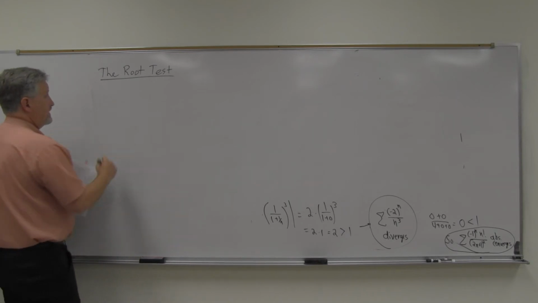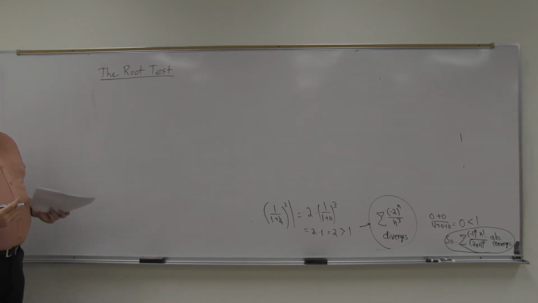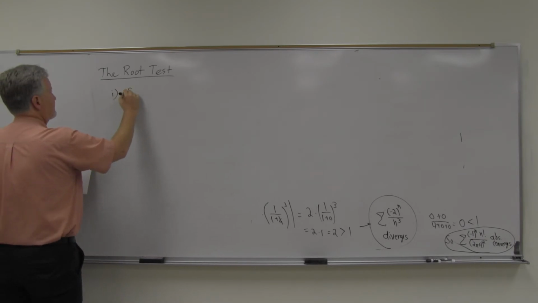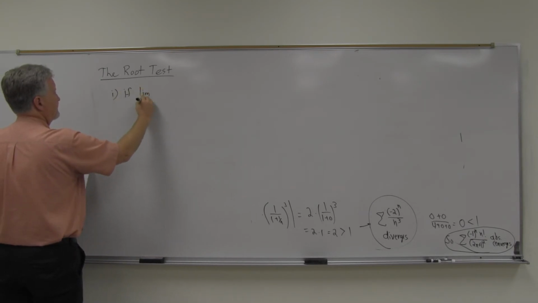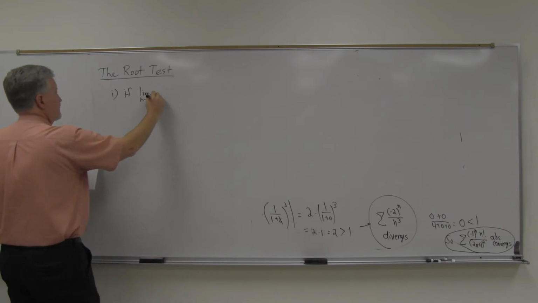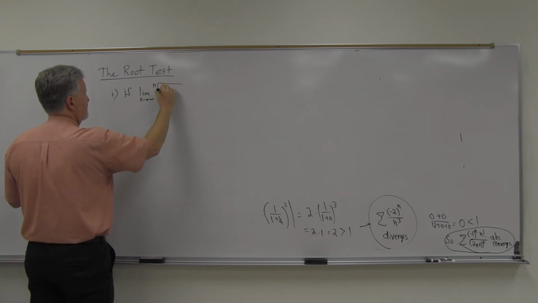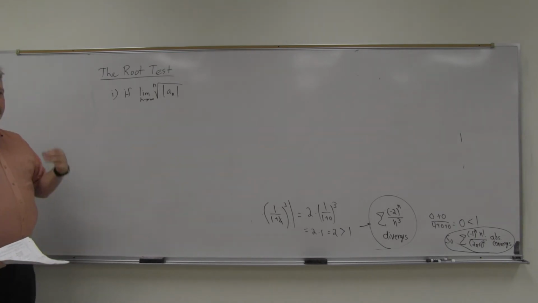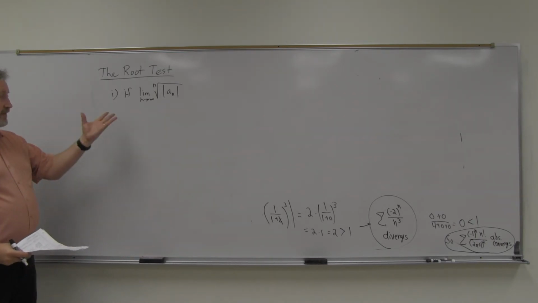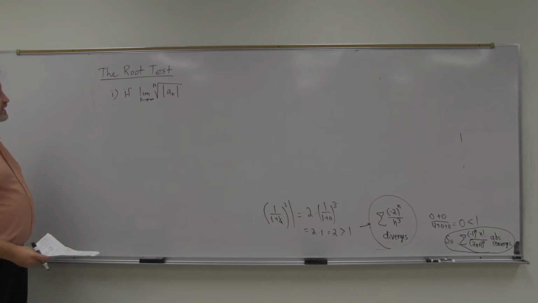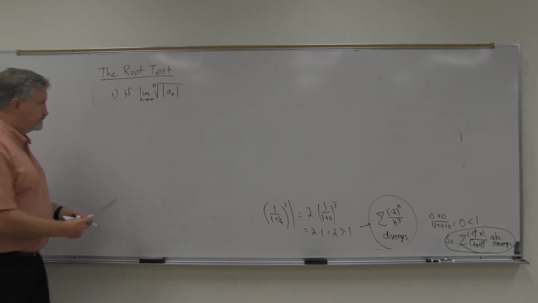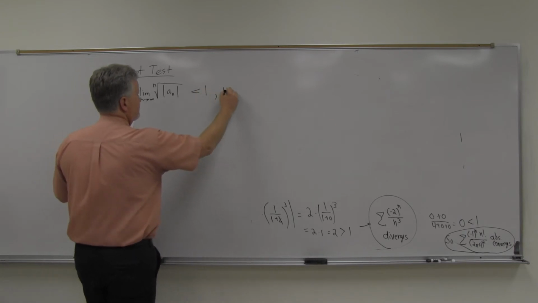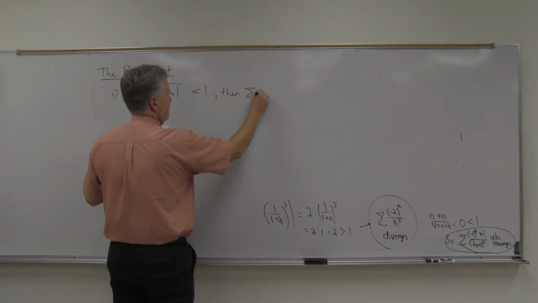Here it is. It's similar. It's got 3 parts, like the ratio test. Number 1: if the limit as n goes to infinity of the nth root of the absolute value of a sub n, so you're going to take the nth root of the absolute value of the a sub n term, is less than 1, then the series absolutely converges.